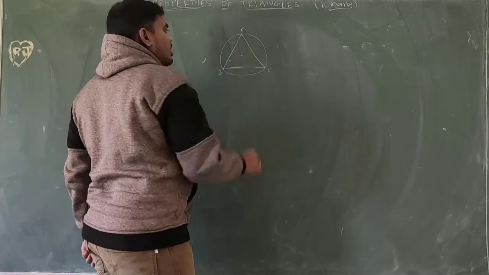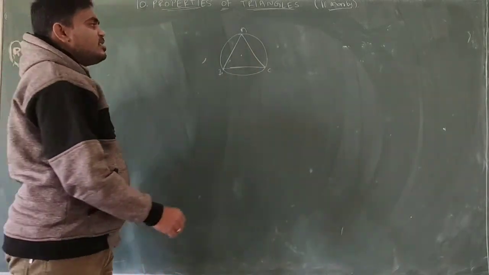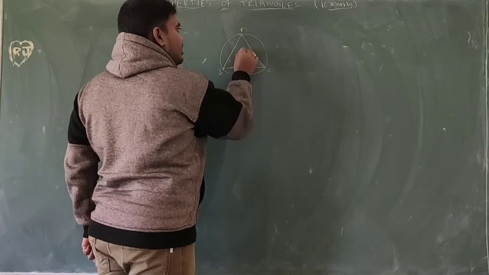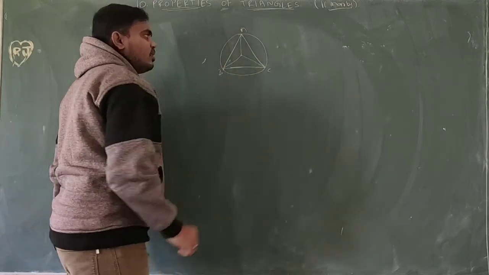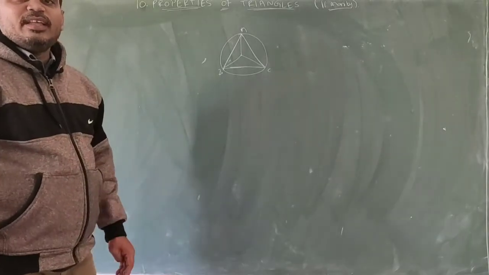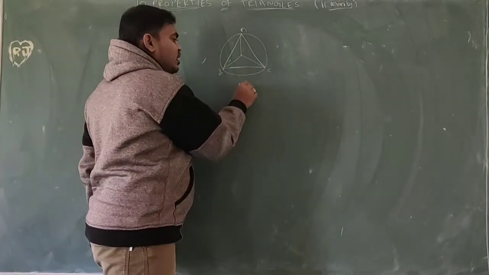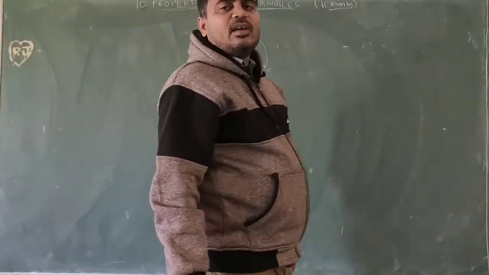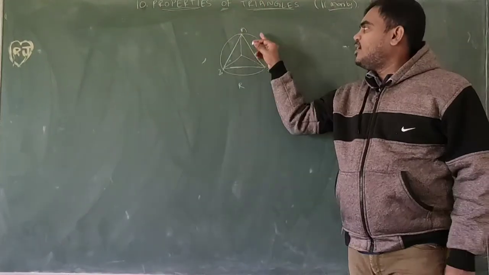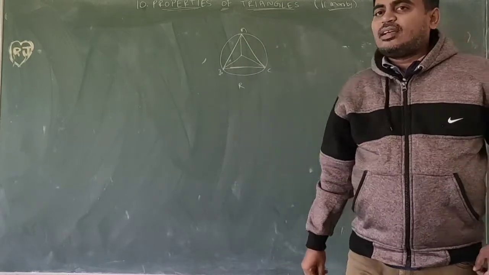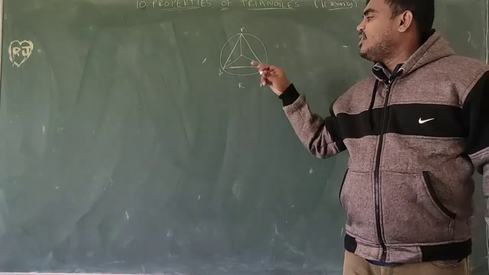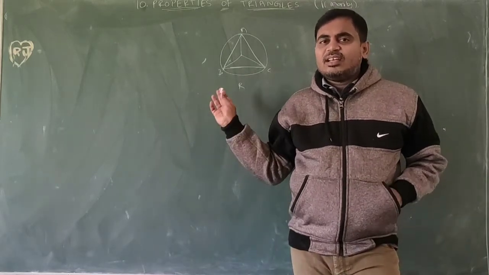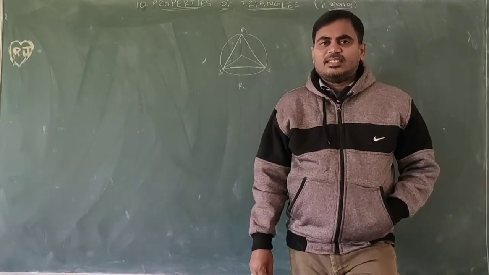This center is called the circumcenter, and the distance from the center to any point on the circle, any vertex, is equal to the radius, called the circumradius, which is represented with a capital R. So the center is called circumcenter, the circle is called circumcircle, and this radius is called circumradius. This we discussed in the first exercise.